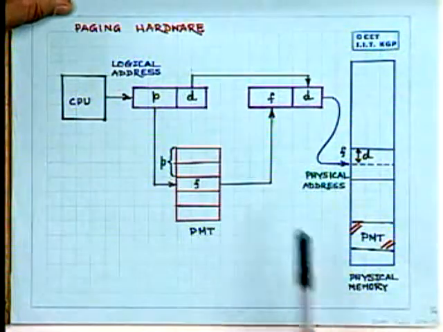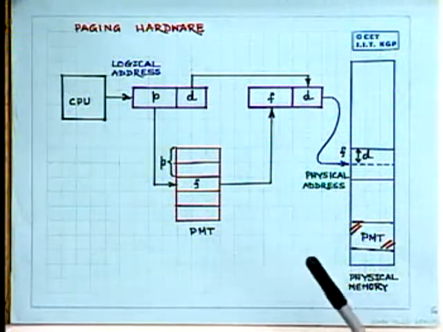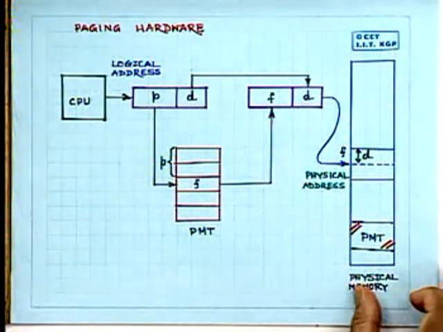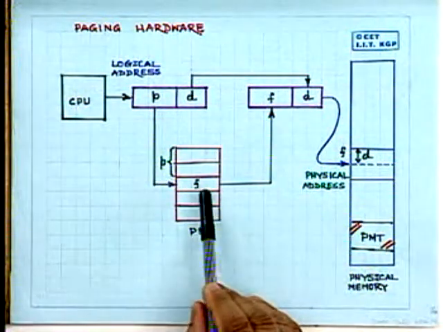Twice the time is needed to access any memory location of a particular process. This naturally affects performance, and we'll have to do something about it if we want to keep the performance acceptable.